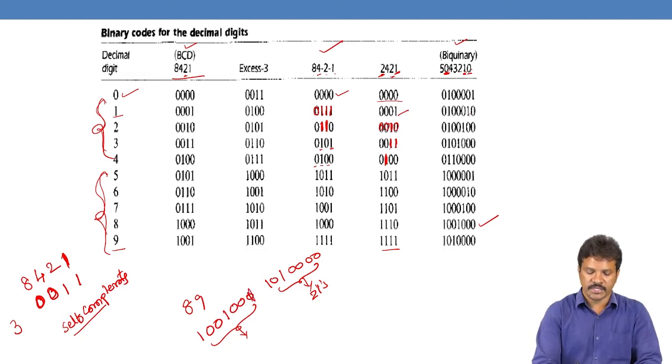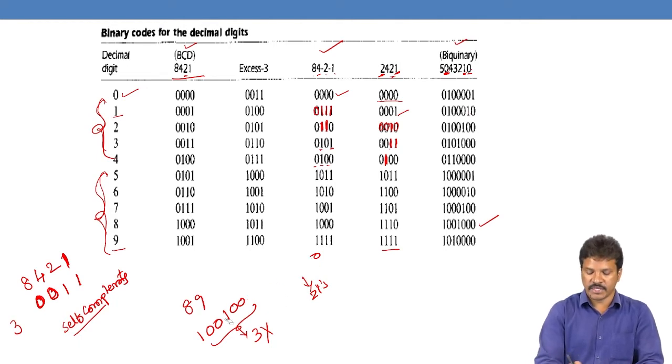For example, if this bit is changed from 0 to 1, the number of ones becomes 3, so an error has occurred in the output. That is the purpose, the property of this biquinary code.